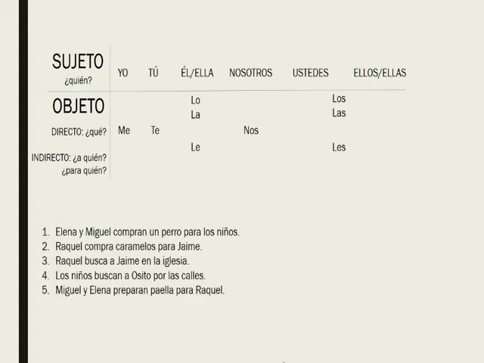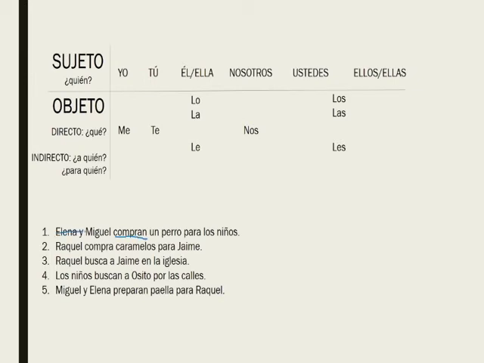All right, so let's look at these little exercises, and try to get more practice using double pronouns in our sentences. So, number one, Elena and Miguel compran un perro para los niños. Remember, find your verb. Who buys?